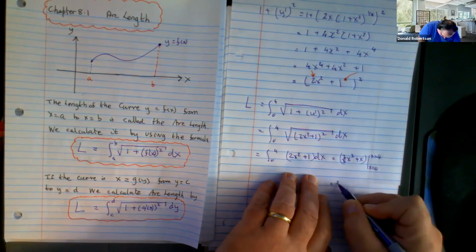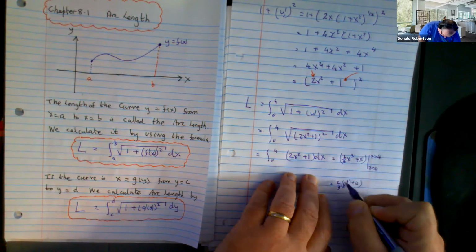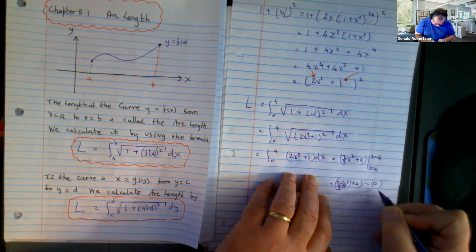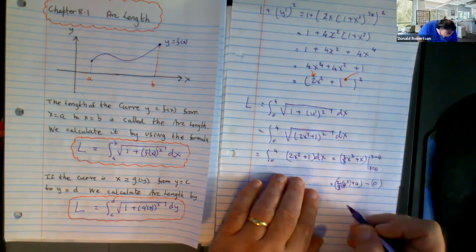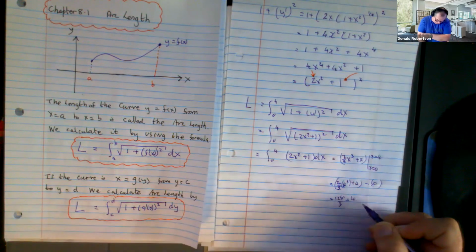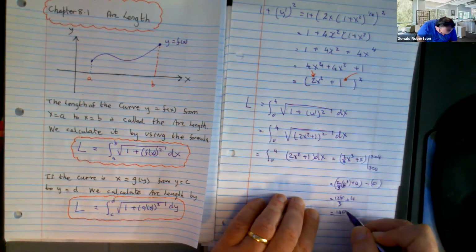So it's 2/3 times 4 cubed plus 4. Take away a whole load of nothings. 4, 16, 64, 128/3. Add 4. 4 is actually just 12/3. So it's 140/3.